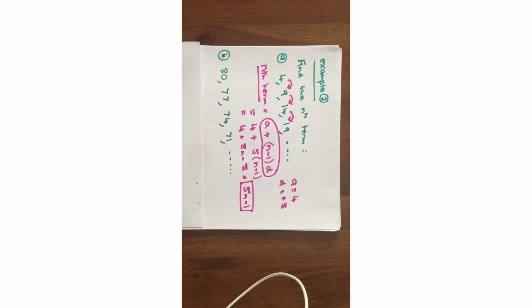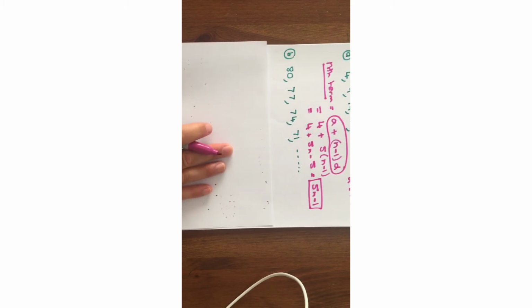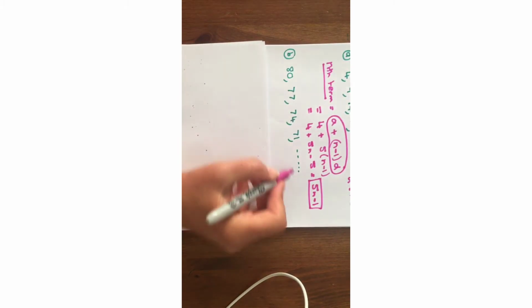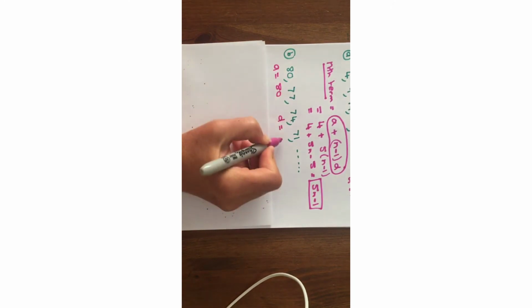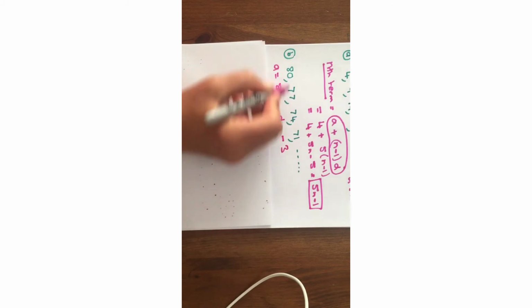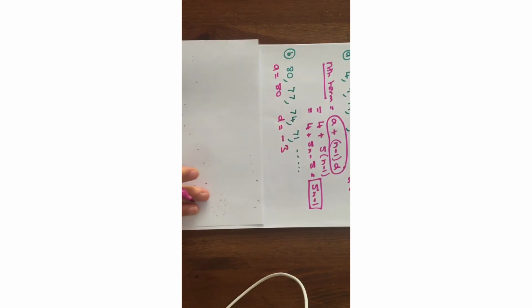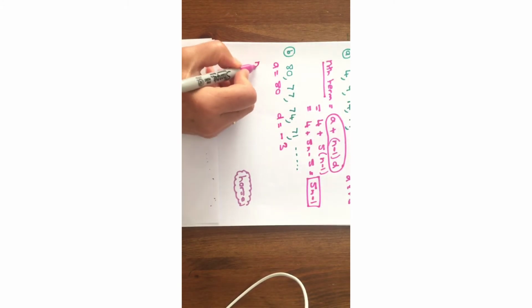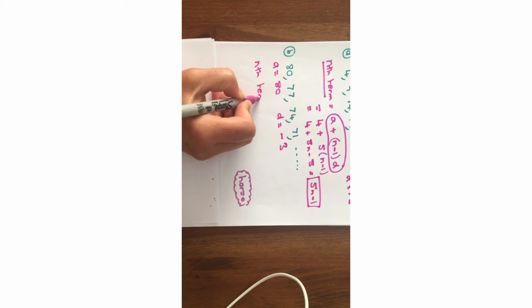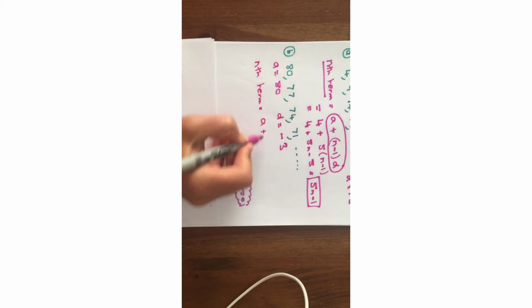Okay, what about if my sequence was going down? Well, in this case, my first term is 80, and my common difference is going to be negative 3 because it's going down in 3s from one term to the next. So, my nth term, what will an expression for this be? Well, let's just write the formula out again.